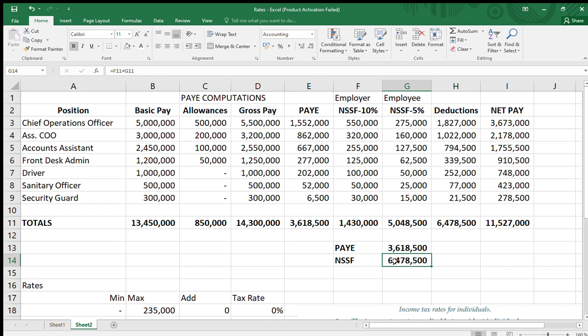Then NSSF, that will be contributed in total by the entire company, is the sum of the employer 10% and the employee 5%. So it is a total of the employer plus that of the employee. So that's how we can go about this.